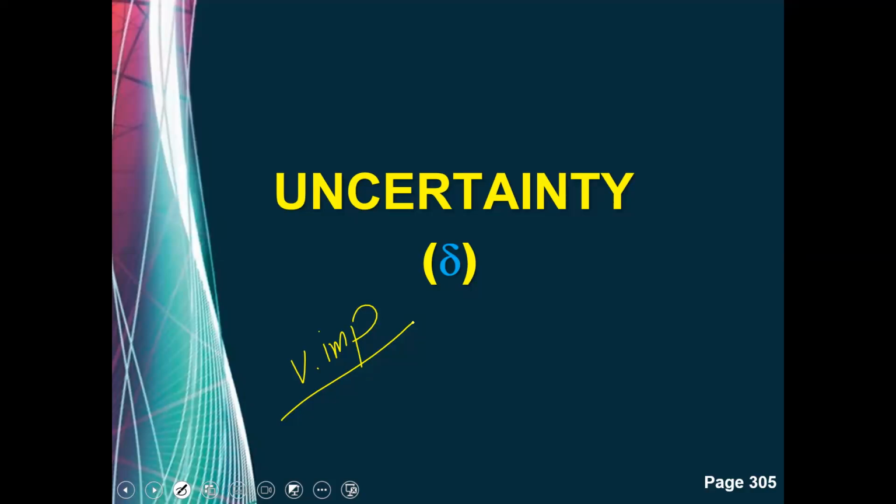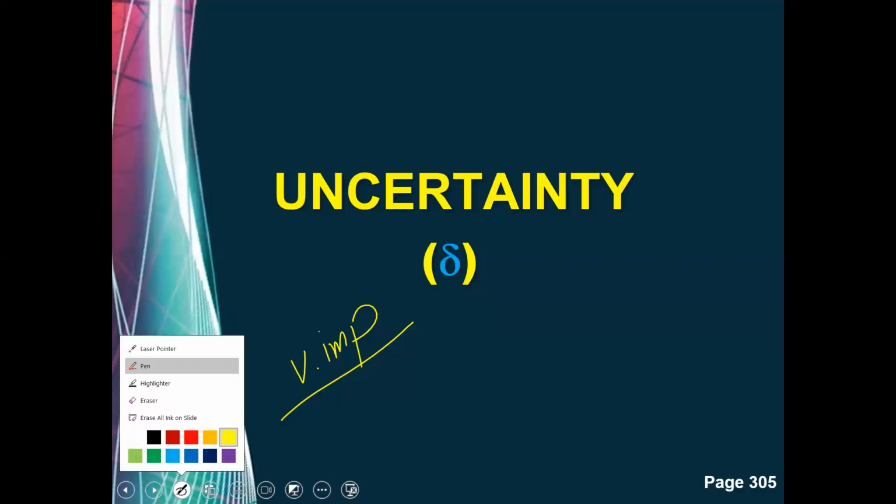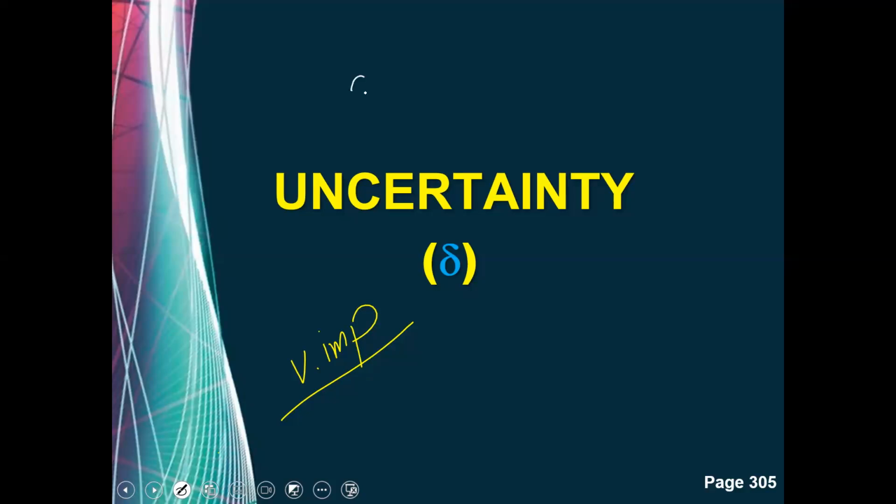Now, what is uncertainty? Uncertainty is simply translated as a known error, but it is like a provision rather than a mistake. For example, when we look at the marking schemes, answers are normally written like this, plus minus 0.5.